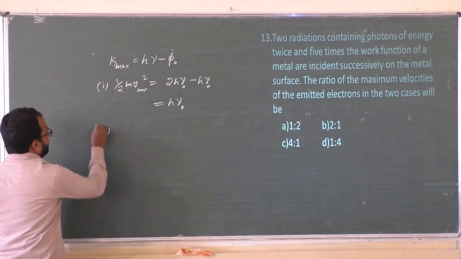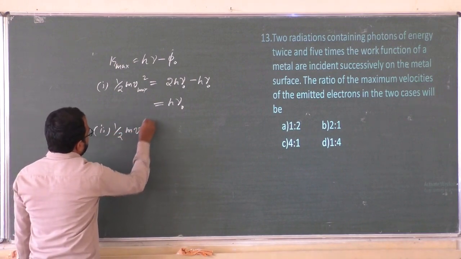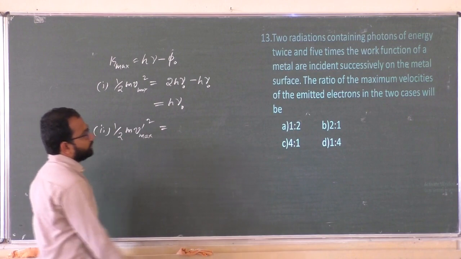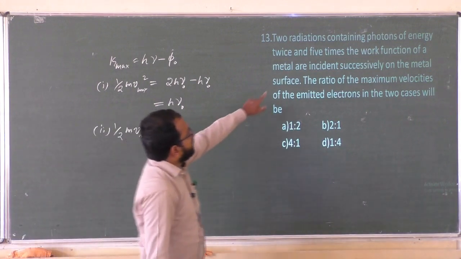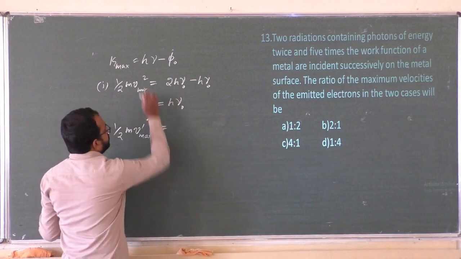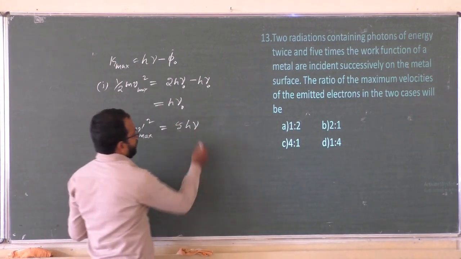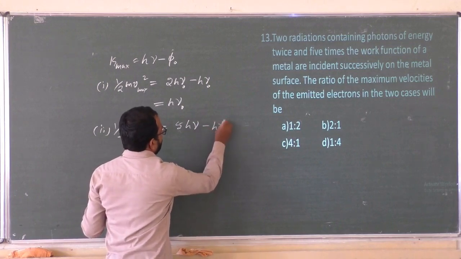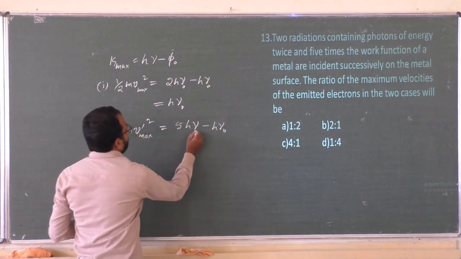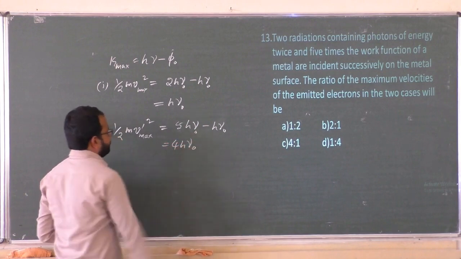For the second case, half m V maximum dash square is equal to, and 5 times the work function of a metal. So the new value of energy of the photon is 5h nu naught minus h nu naught, that is equal to 4h nu naught.